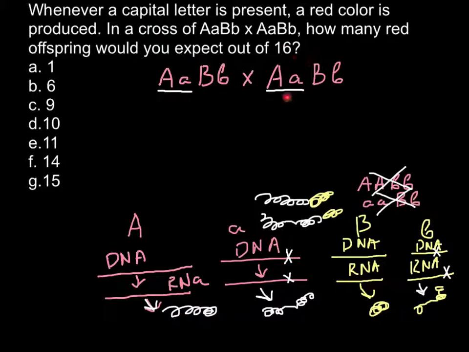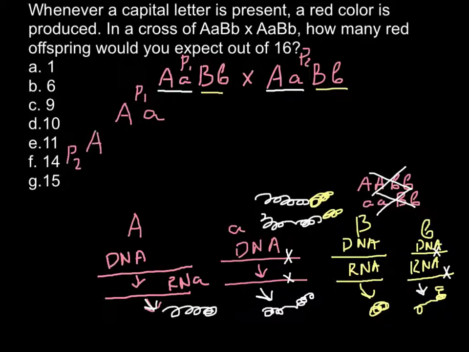One is here and another one is here. We have to consider them separately and build a Punnett square. For example, here on the top would go the genotype of parent 1 and parent 2 would go on the side.